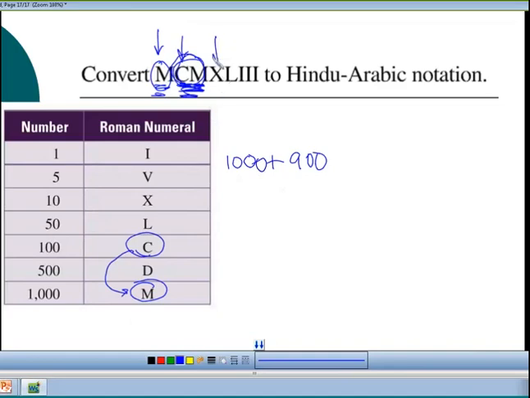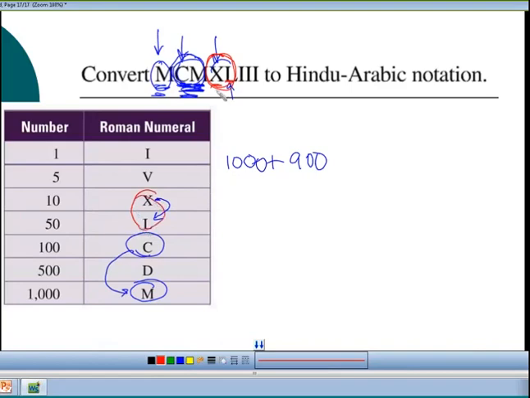And then we take a look at the X, and if we pay attention to the number right next to it, it's an L, so we've got a smaller number next to a bigger number. So what that means is this is actually representing its own separate number together. So anytime you have a smaller numeral next to a bigger one, it means I need to deal with both of these together.